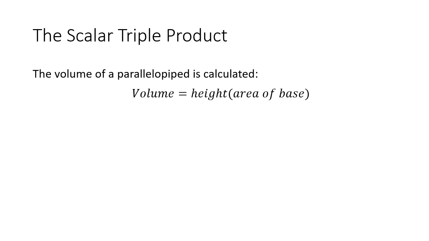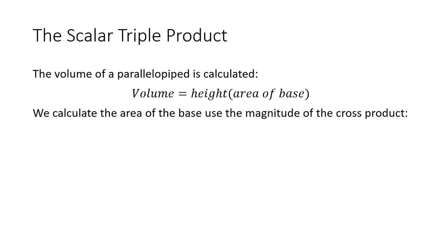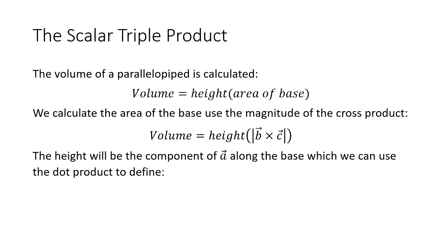Now, how would I calculate the volume of this parallelepiped? Well, the nice part is, because it's all based on parallelograms, the volume is just going to be the height times the area of the base. Well, we know how to find the area of the base. That's the magnitude of the cross product of vectors B and C. Then the height is going to be the component of A along the base.